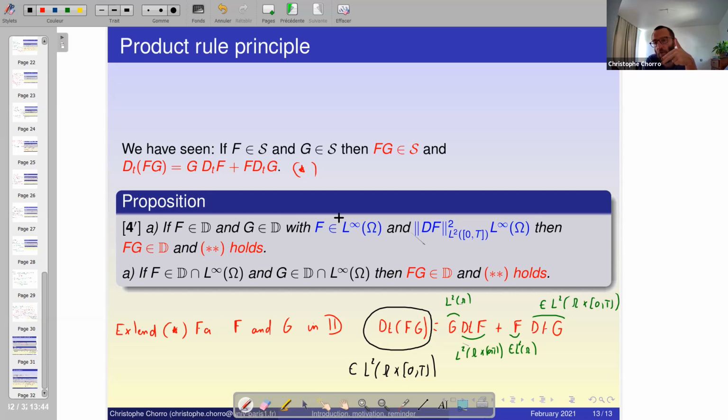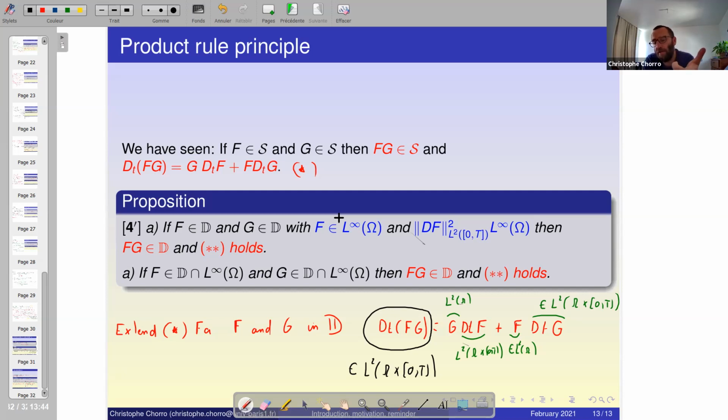Then we have studied some properties of the derivative operator for elements in S. We have studied the product rule, for example, and other nice properties that are a first step toward the integration by parts formula. We have used this integration by parts formula to extend, using approximating sequences, the derivative operator from S to its more general domain that I have called calligraphic D.